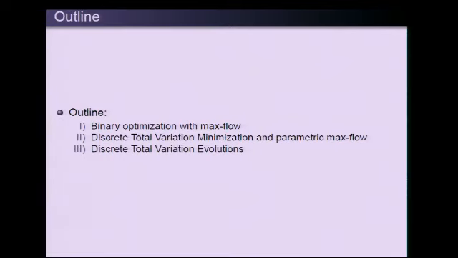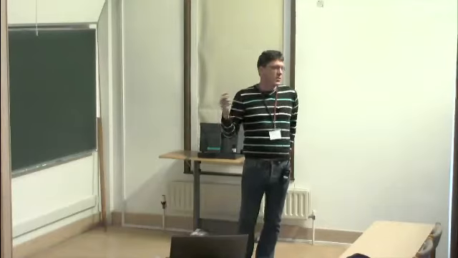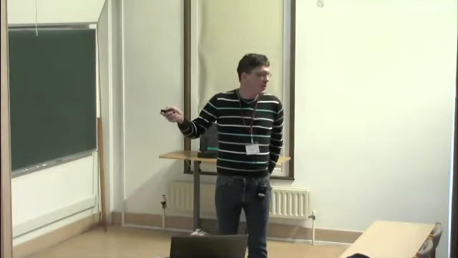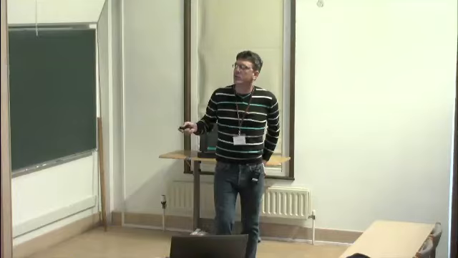Okay, so the outline of the talk will be as follows. I will describe how we can build the graph and how we can relate the graph and the energy to do the binary optimization. Then I will extend to the discrete total variation, which is a non-binary problem. And here we'll have some applications for denoising, mean curvature motion, and things like that.